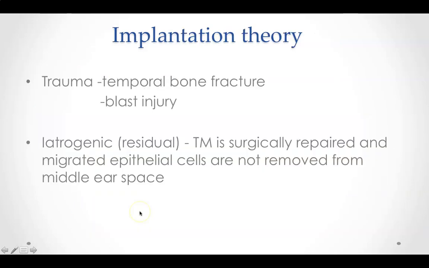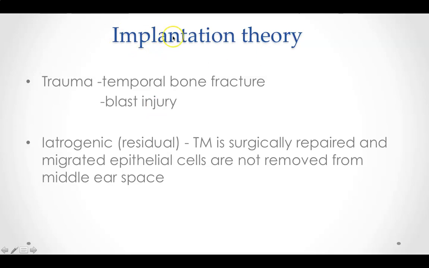and that forms cholesteatoma. Now, the implantation theory says that due to trauma such as temporal bone fracture or blast injury, or due to an iatrogenic cause, that is, some residual perforation left after surgery, that causes the migration of epithelial cells, or if the epithelial cells are not removed completely during the surgery, that causes recurrence of cholesteatoma.